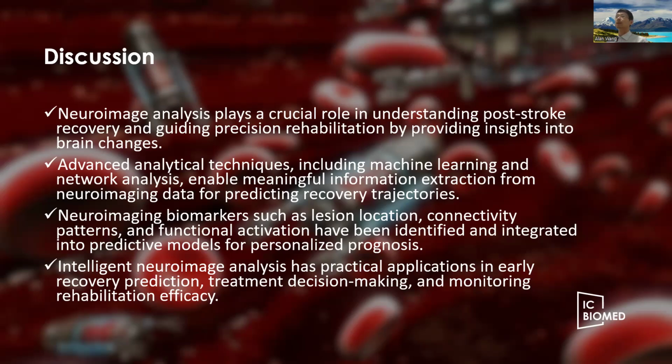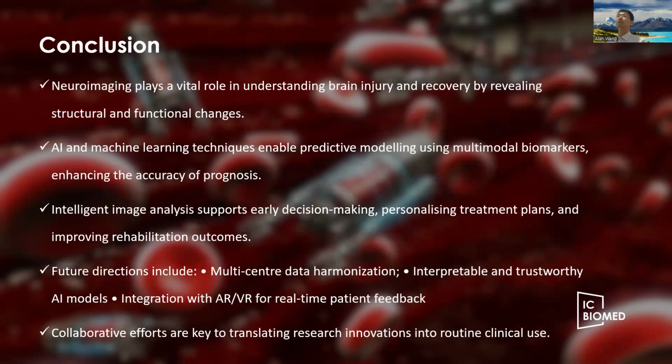And the neuroimaging biomarkers, especially the multimodal neuroimaging biomarkers, for example, the lesion and lesion quantification, connectivity, and functional information, can be integrated together to improve the prediction accuracy. So intelligent neuroimaging analysis has a lot of applications in early diagnosis or prognosis.